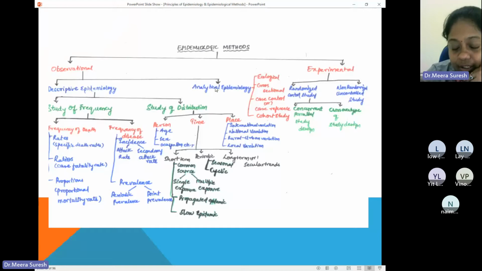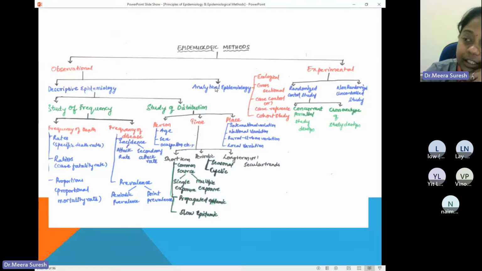However, cross-sectional can also be included in analytical epidemiology if a comparator group is used, because in analytical epidemiology there should be a comparator group. That is the one criterion. When we go to the case control study design or the cohort study, we see that there is a comparator group. So the studies which have a comparator group will be classified under analytical epidemiology.